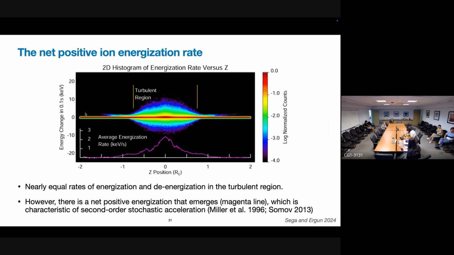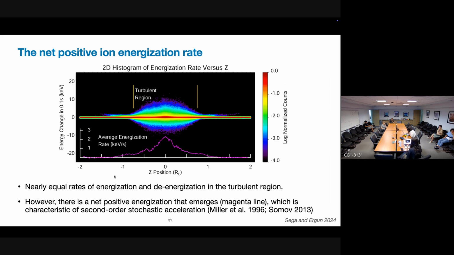What we're looking at here is the plot along the Z position, across the reconnecting current sheet in the normal direction. The color represents the normalized counts, but the y-axis shows the net energy change. So we see particles sometimes give energy to the fields, sometimes the fields give energy to the particles, nothing abnormal.